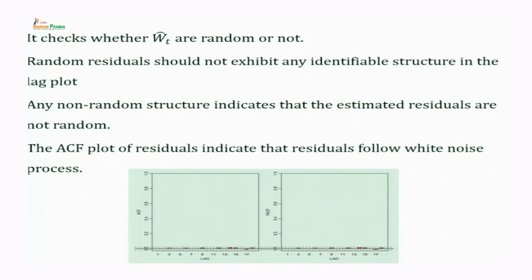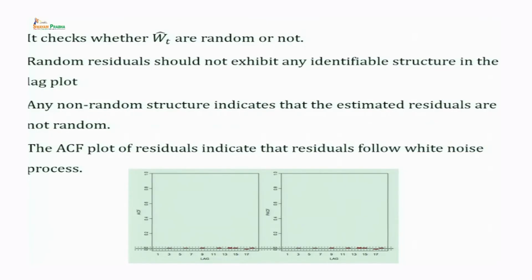Means if all the lag residual points are distributed around a straight line or around any particular curve, then you cannot say that your residuals are randomly distributed. Any non-random structure indicates that the estimated residuals are non-random. Then you have to look at your model again. You have to restructure your model or re-specify your model.